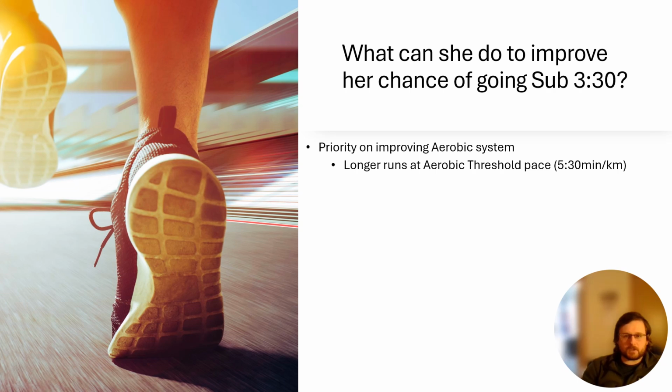So fortunately, the boring stuff is longer steady runs at aerobic threshold pace, 5:30 per K pace. So this runner doesn't want to push the pace too much initially. Now obviously you are going to need to do marathon pace development work, but initially I would say their long run should be slower than marathon pace. You want to be at 5:30 per K, because running 5 minutes per K is just a little bit too intensive for the benefit that they're trying to get from it.